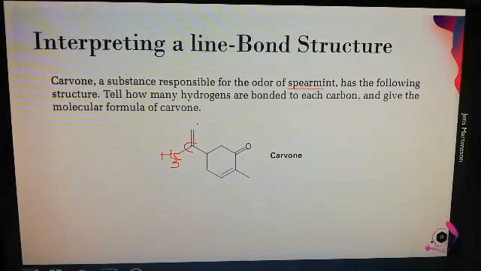Okay? On this one, we have letter C. Ibig sabihin nito, naka-double bond na yung this C to our C on the end of the line. So, 2 bonds na lang ang natitira sa kanya. So, this is CH2. Okay? So, this one is carbon.